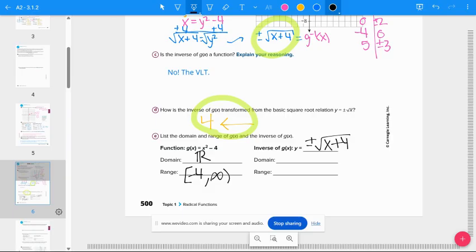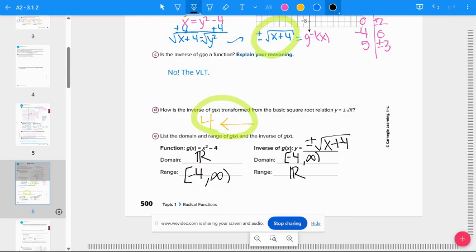So the domain of this one, when we look at the x-axis, started at a hard boundary of -4 and went to infinity. And our range this time is all real numbers. So what conclusion can we draw about this? Well, it means that the domain of a quadratic function is the range of its inverse, and the range of a quadratic function is the domain of its inverse.